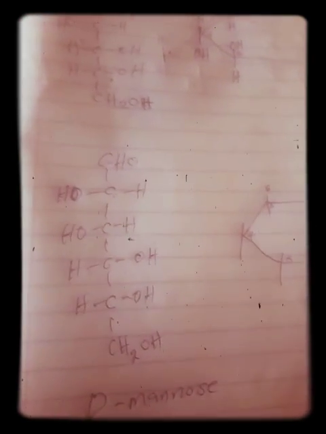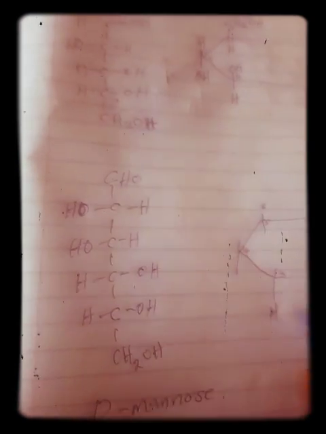So on the second carbon, we have our H on the right, so it will go down and OH up. On the third carbon, we have our H on the right, so it will go down and OH up.